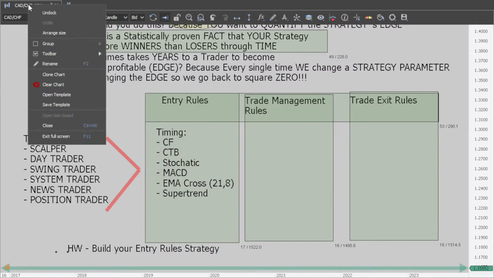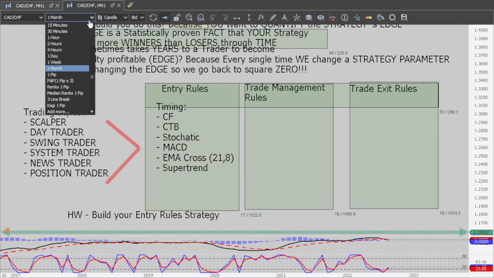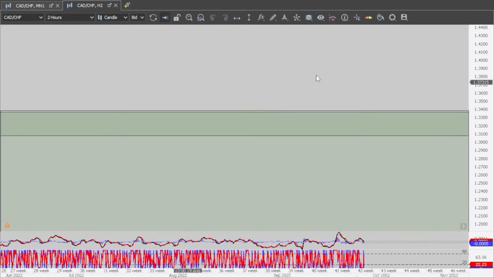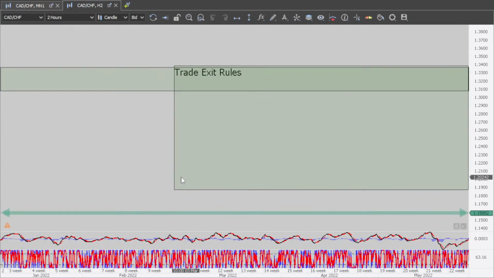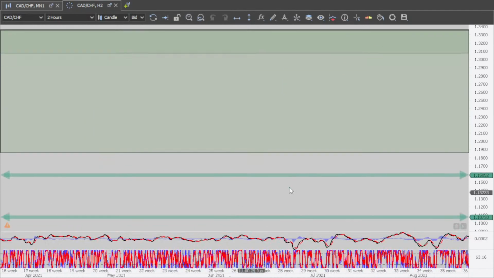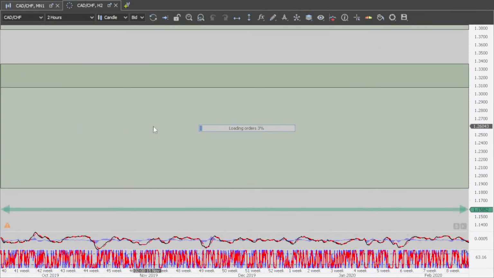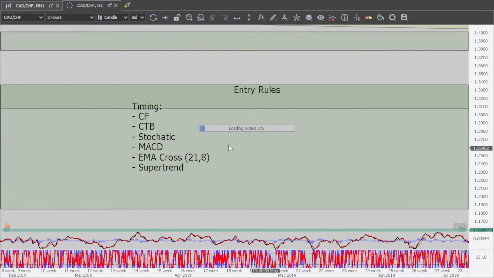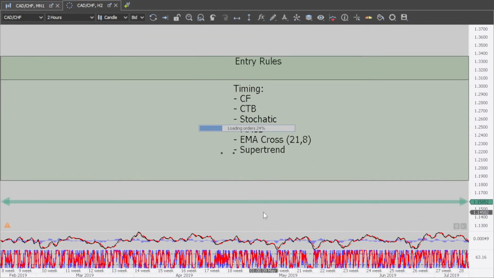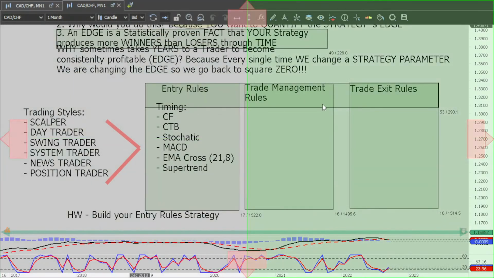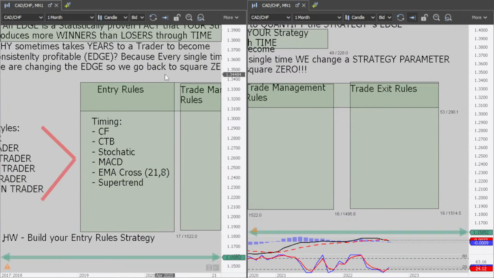Okay, everybody, so we're going to clone this chart and go on, what, 2 hour maybe? Just give me a second, where are we? Trade exit rules, there you go. Okay, entry rules. We are going to clone the chart and do it like this, it's going to be better.